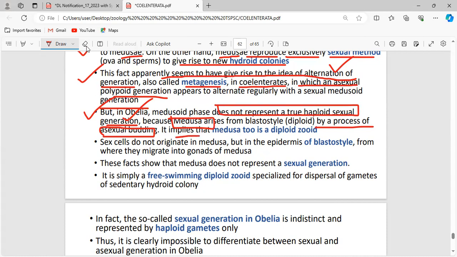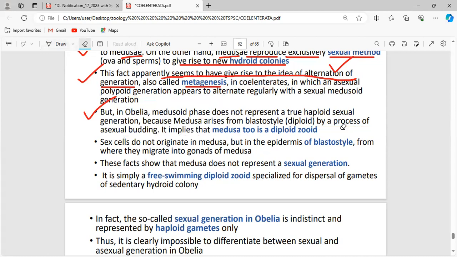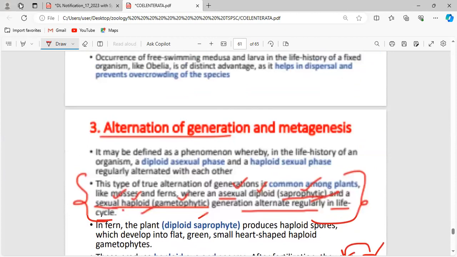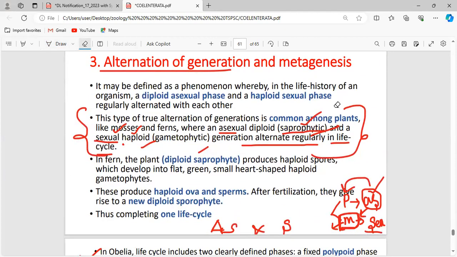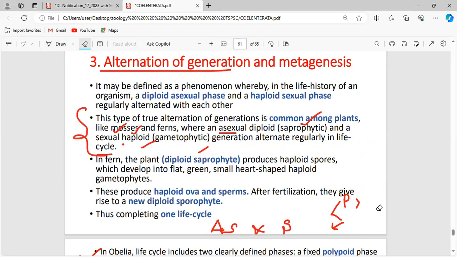It implies that generally sexual reproduction has to produce haploid zooids. But this medusa, as it is a result of asexual budding, is also a diploid zooid. See what I explained initially: in sexual reproduction, the male gives one n, the female gives one n, and they fuse.